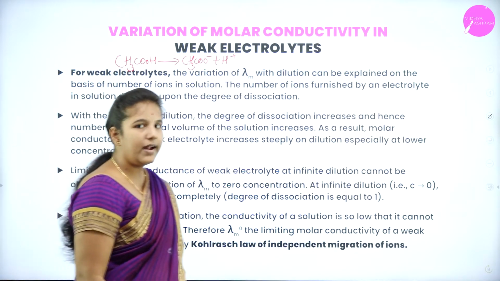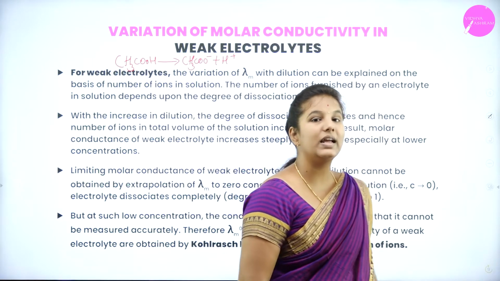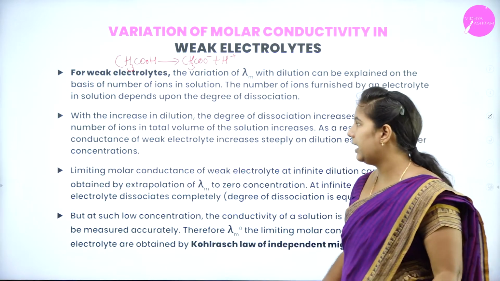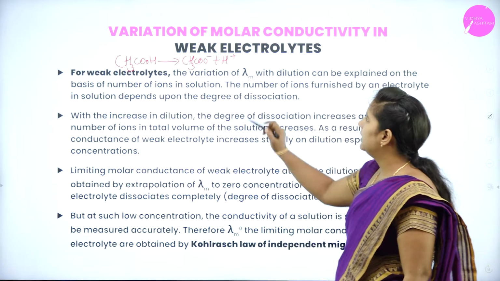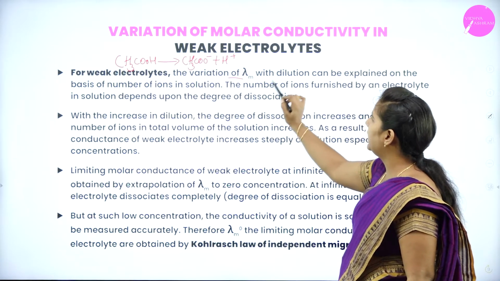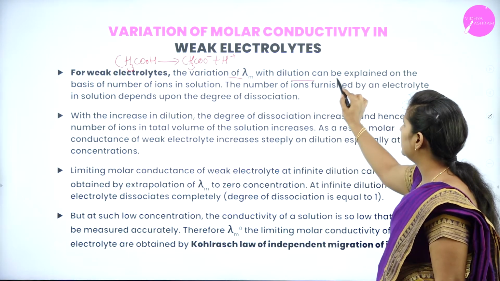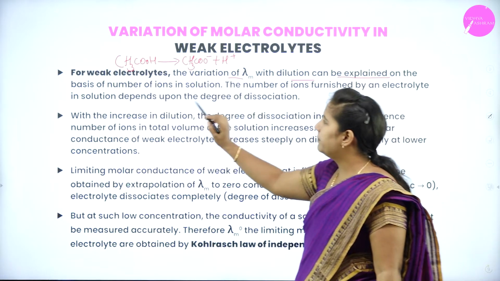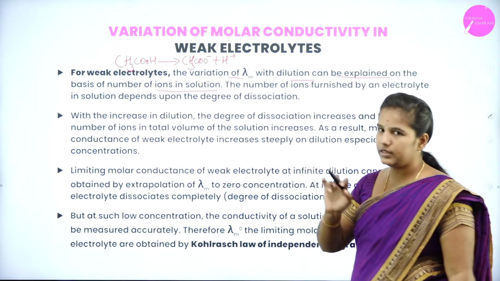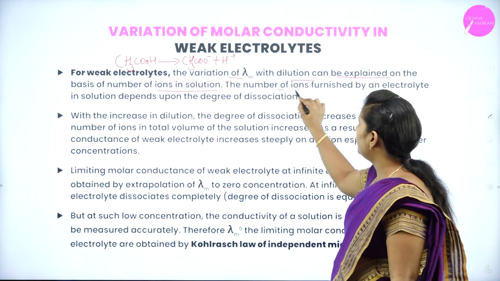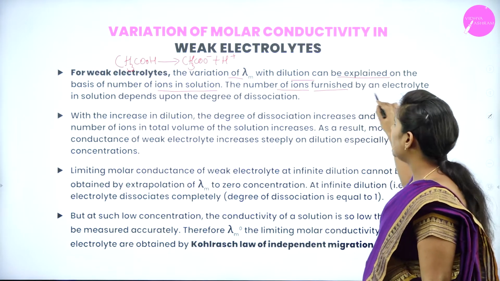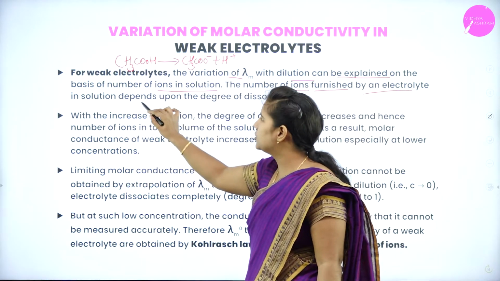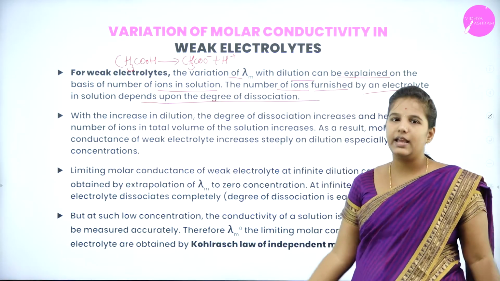But we need to understand what happens at infinite dilution. For a weak electrolyte, the variation of the molar conductivity with dilution can be explained on the basis of the number of ions in the solution. The number of ions furnished by the electrolyte in a solution depends upon the degree of dissociation.